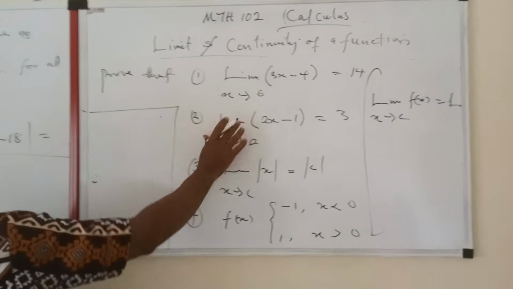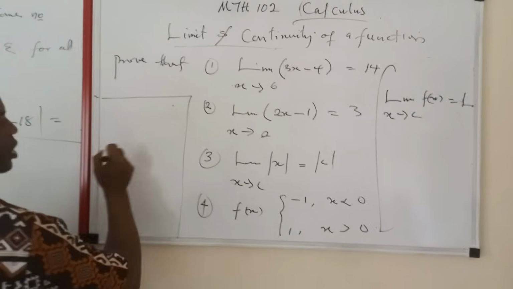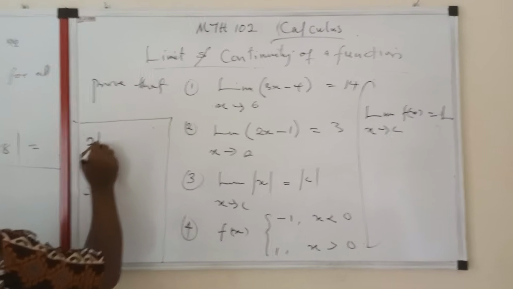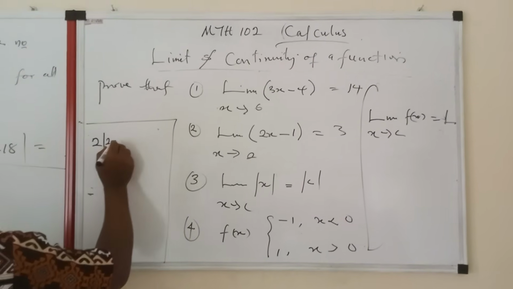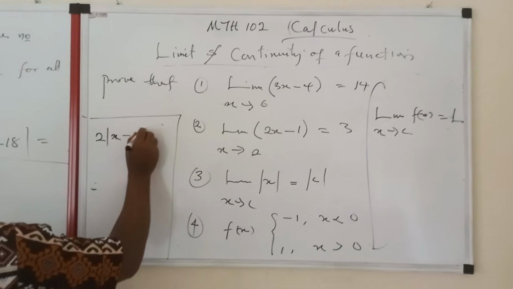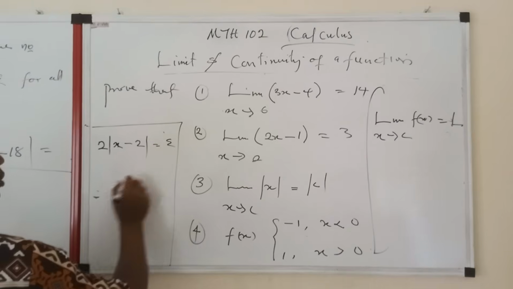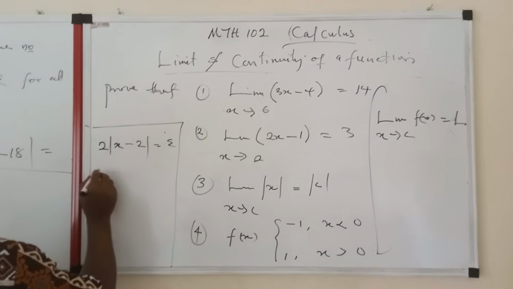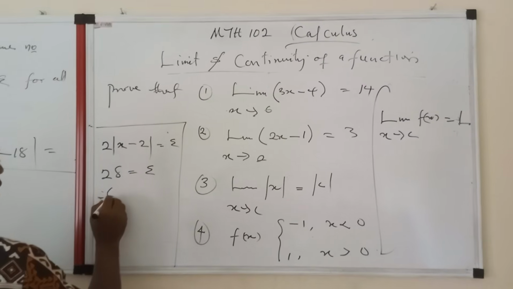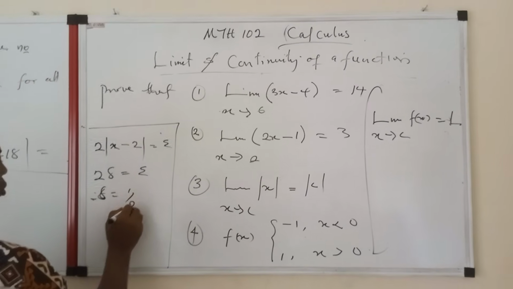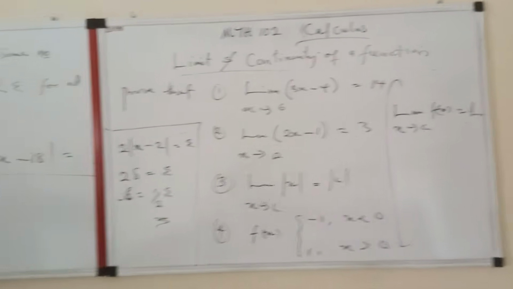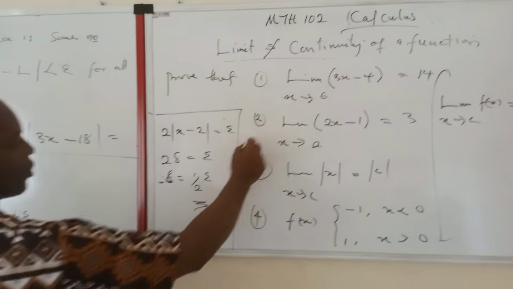This other one, following the same method, we will have 2 x minus 2 is equal to this, where this one is also our delta. So you say delta is equal to epsilon, so you say delta is equal to 1 over 2 epsilon. So in place of delta, this is what we have for this case.